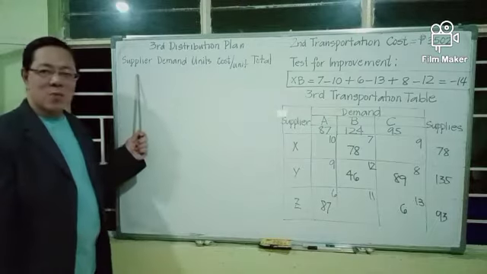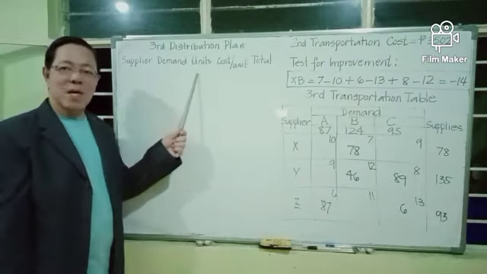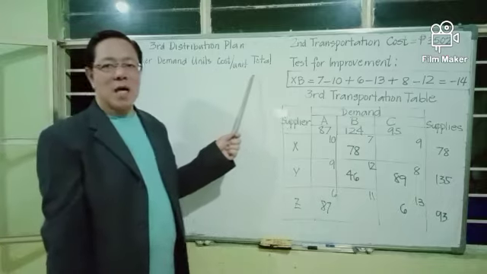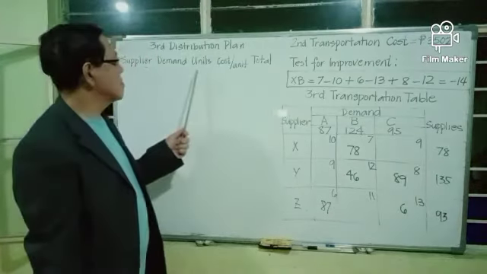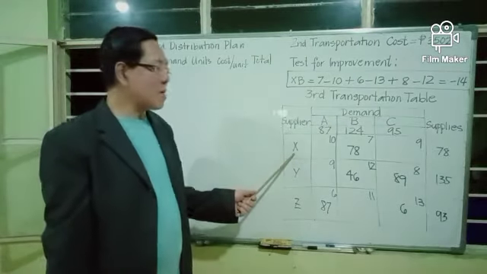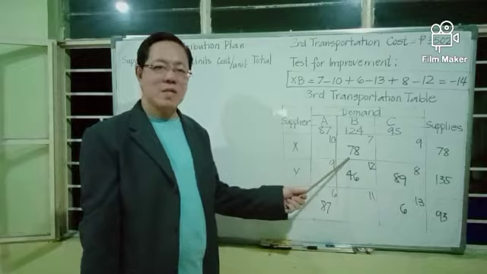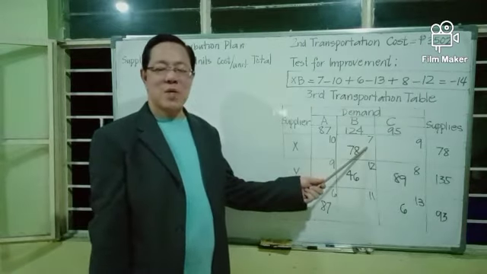In the first column, we write the supplier, followed by demand, the number of units to be supplied, the cost per unit, and the total cost. We start from supplier X to customer B. We supply 78 units at 7 pesos per unit.